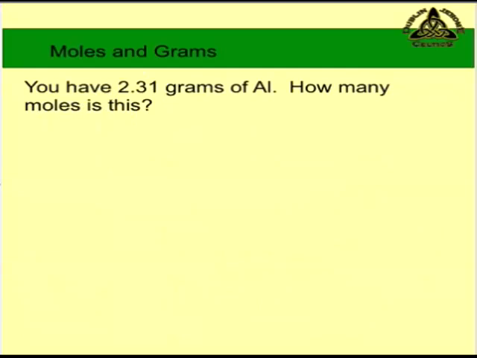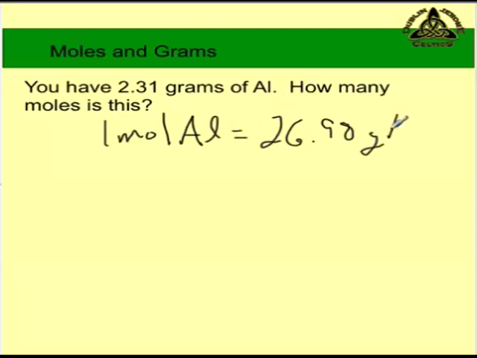So let's remind ourselves of the relationship between moles and grams of aluminum. 1 mole of aluminum is equal to 26.98 grams of aluminum.